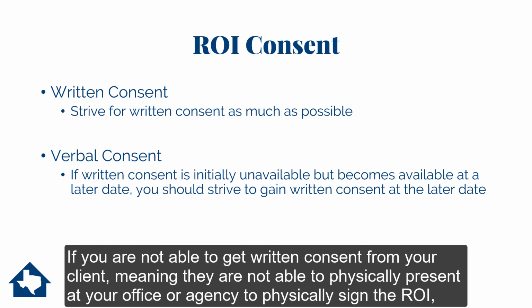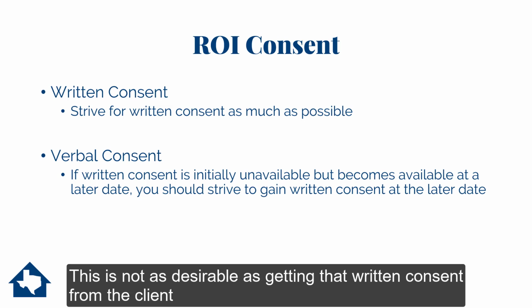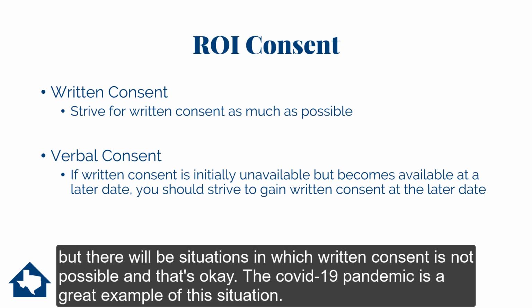If you are not able to get written consent from your client, meaning they are not able to physically present at your office or agency to physically sign the ROI, you can have this conversation over the phone or verbally with your client. This is not as desirable as getting that written consent from the client, but there will be situations in which written consent is not possible, and that's okay.